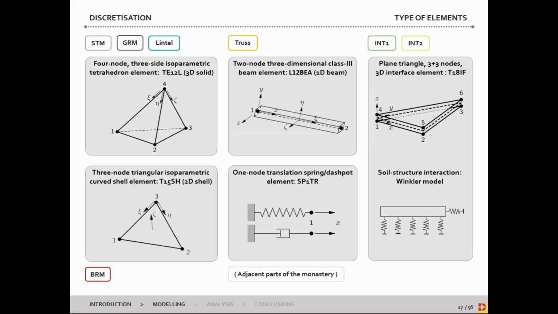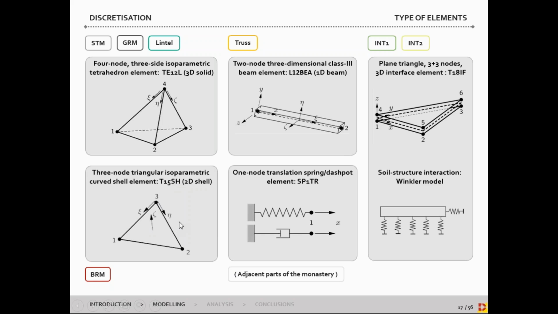Okay. Now, before the discretization, we need to establish the type of elements for the mesh. And in our case, the type of elements were chosen in order to make the meshing process easier and to guarantee accurate results at acceptable computational costs, let's say. So these are the type of elements that we used to mesh the solids: the 4-node, 3-side isoparametric tetrahedron element.